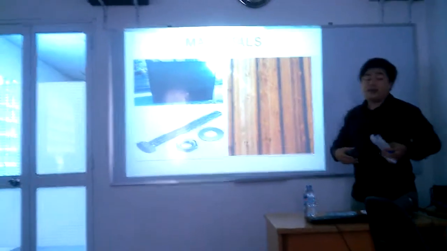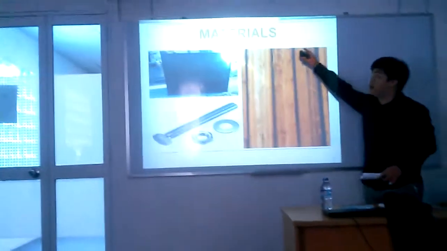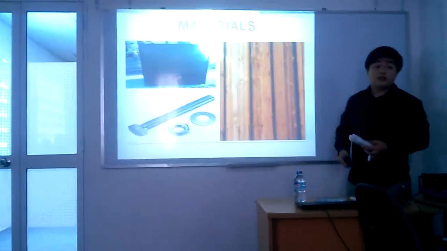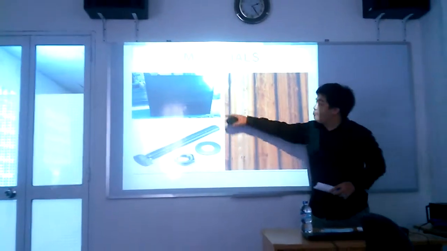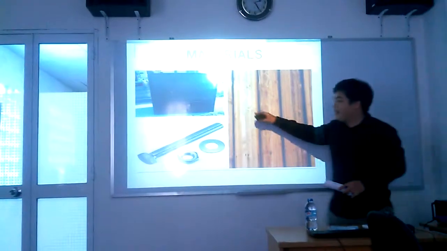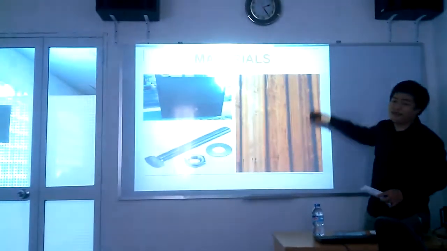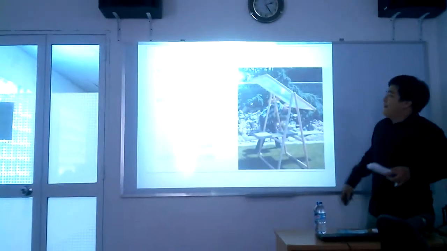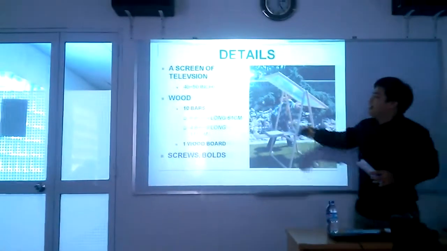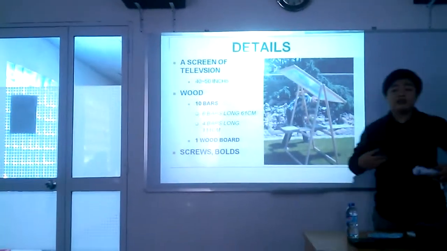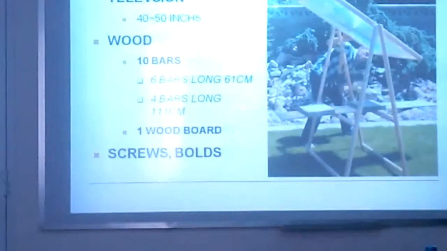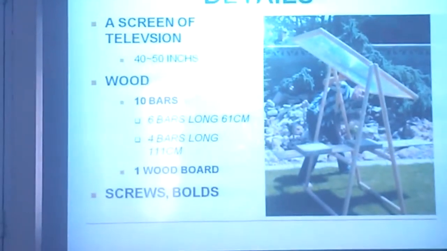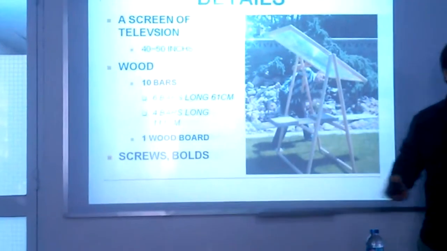After I talk about the magnifying glass structure, I will tell you about the materials we need to use. The first thing we need to prepare is a big television screen, the screws, and some parts of wood. For the television, I advise using a 50 or about 40 inch screen. It depends on you.